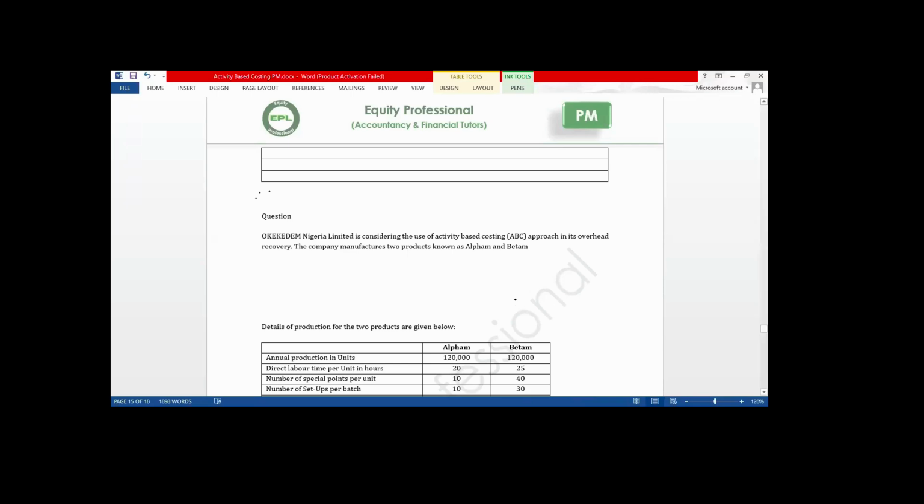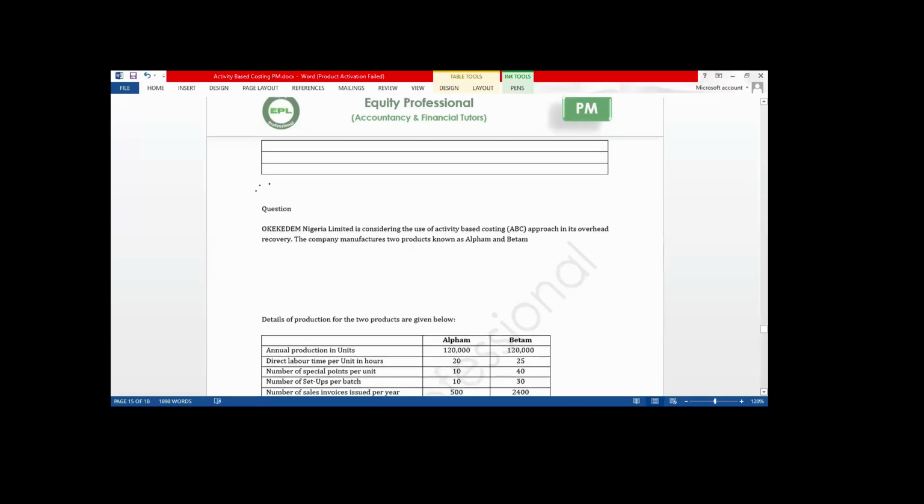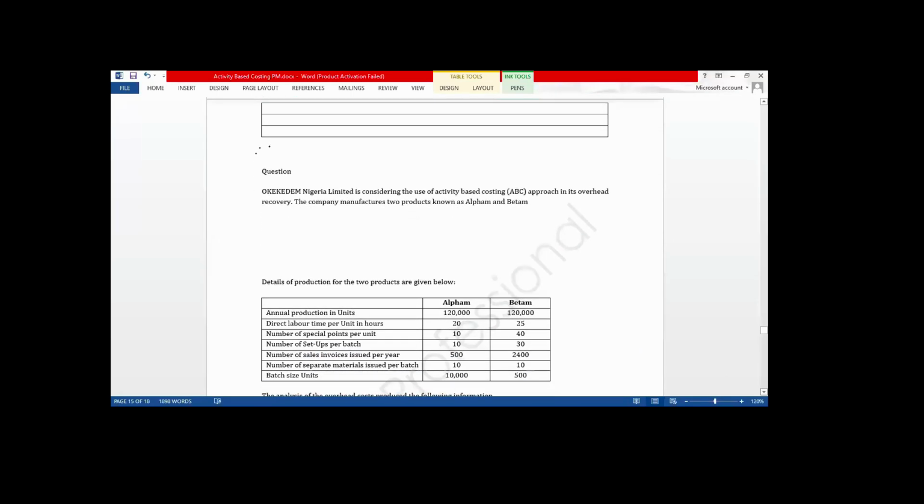Details of production of the two products are given below. Annual production in units, 120,000 for each.